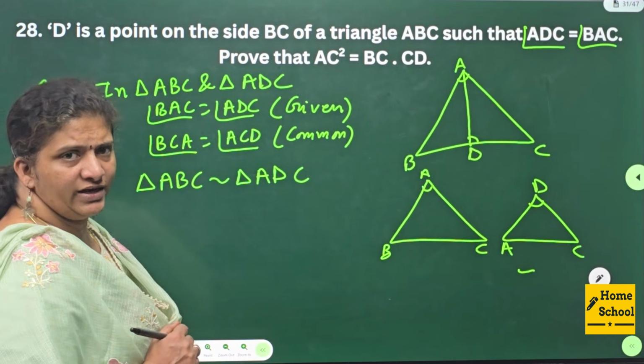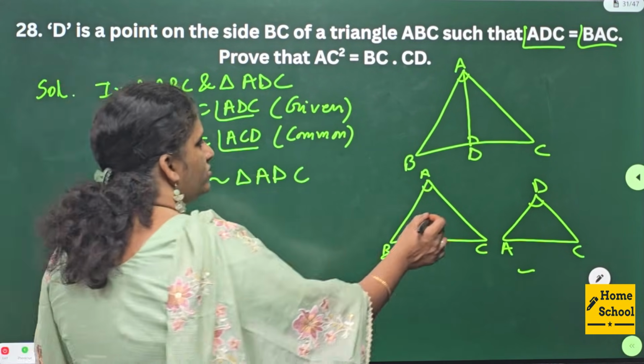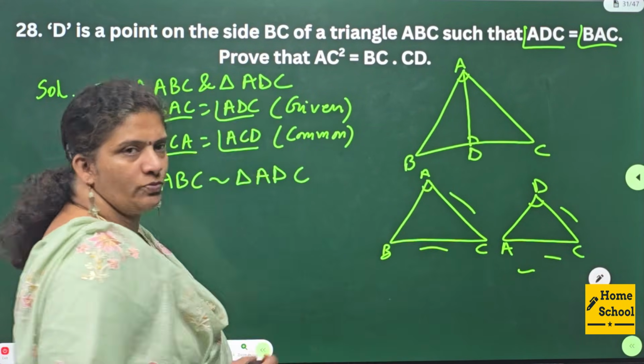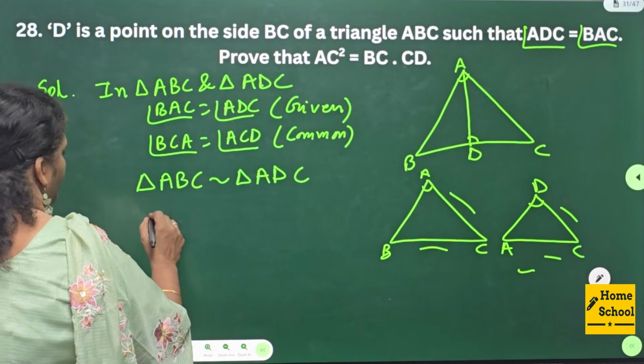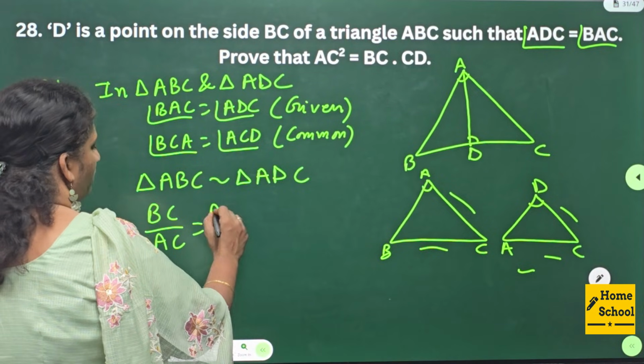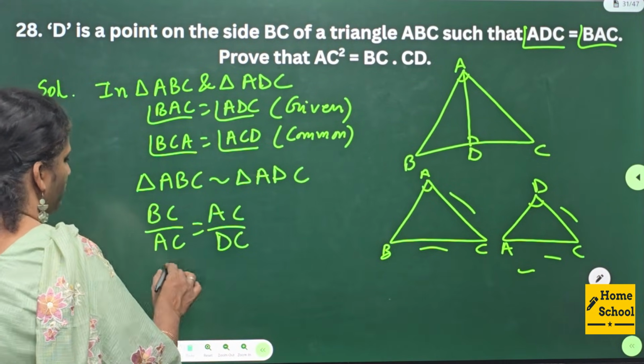Which ratios do we need to equate? Observe here, AC, BC, CD are needed. So only those two pairs we need to equate. BC by AC is equal to AC by DC, or CD, anything is okay.